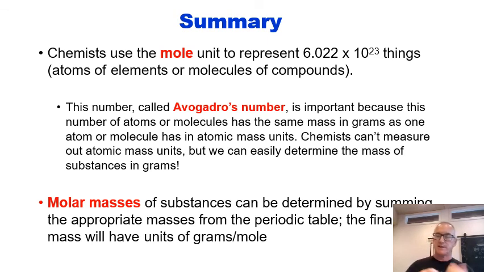And it's just the number of atoms, molecules, or ions that it takes for the atomic mass to equal the molar mass. And it's a big, big, big number. That's not very important. We need to know that the molar mass comes from the atomic mass based on that many things.